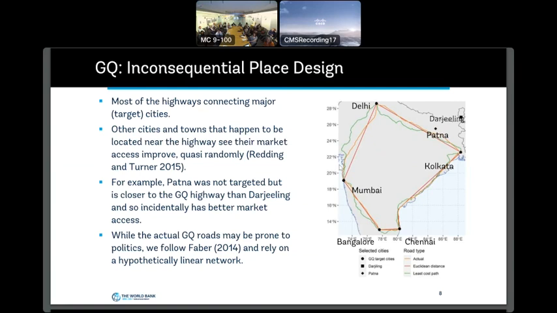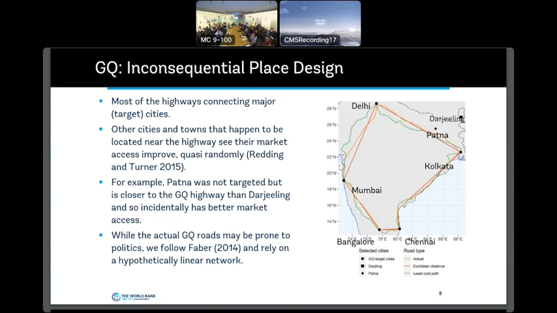Patna is quite close to it, so its market access is quite high, but it was not targeted. Comparing Patna to Darjeeling, this difference in market access is what helps us achieve identification. So from the district's perspective, the market access is quasi-random.